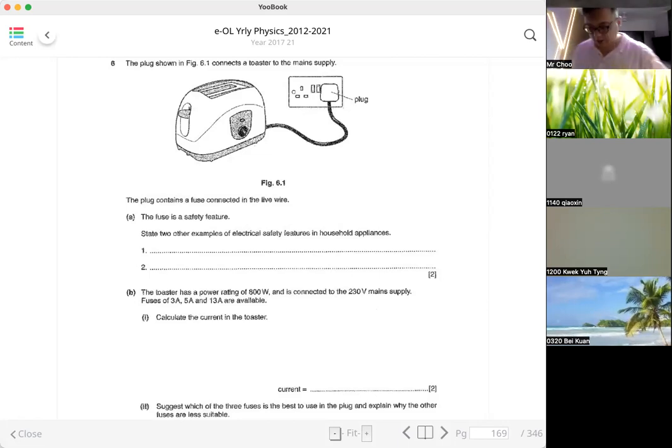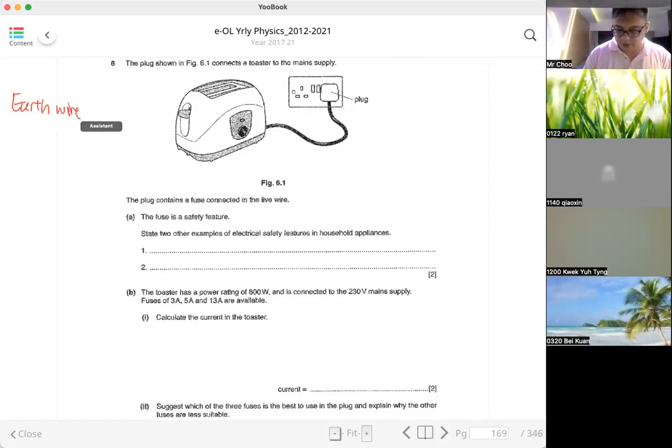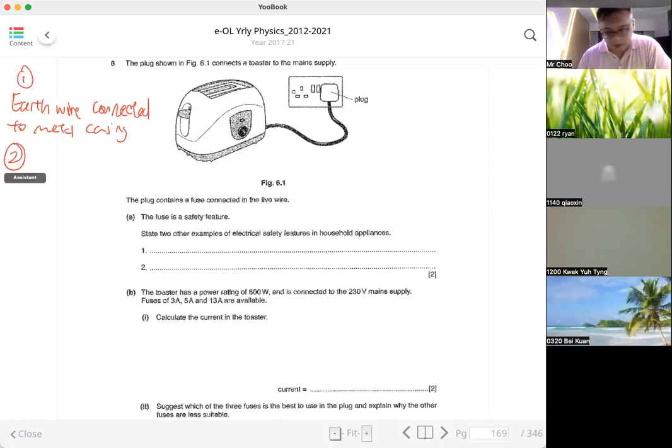Well done. Okay, let me give you some of the answers for part A. There are a lot of answers. Earth wire connected to metal casing, that's number 1. Other things that you can talk about will be circuit breaker.